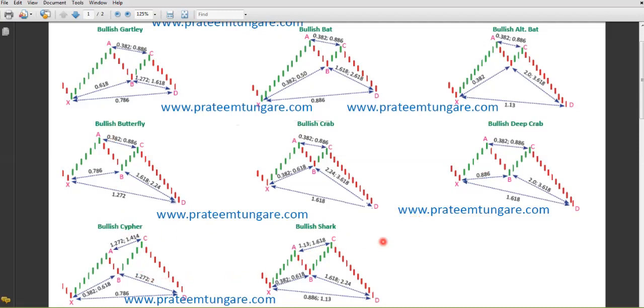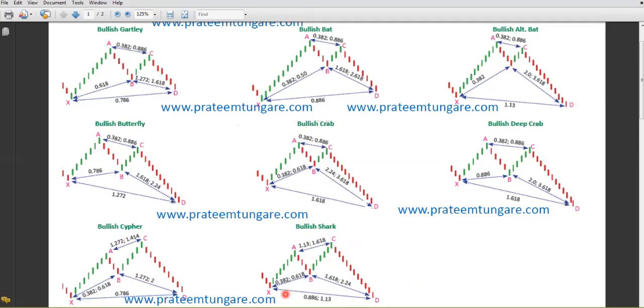Let's come to group B, that is bullish cipher, shark, and alternate shark. Now, if it is a bullish cipher, the XB values can be anywhere between 0.382 and 0.618. And if it is a cipher, then the value of XD would be 0.786.